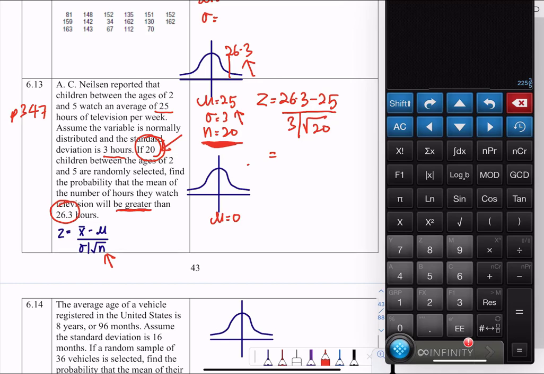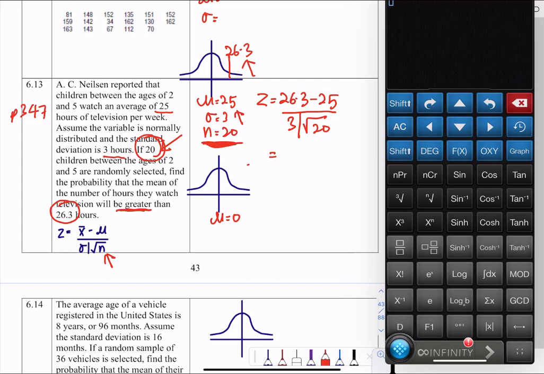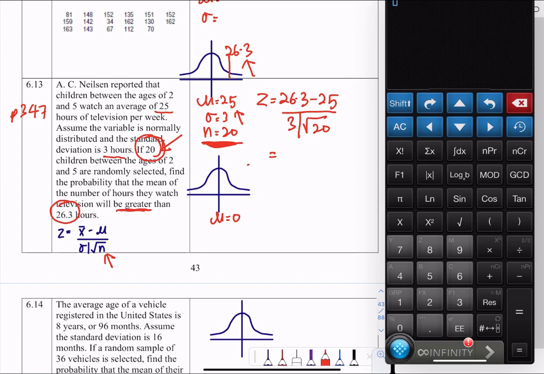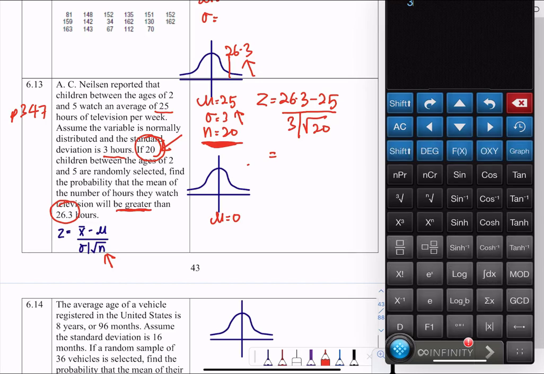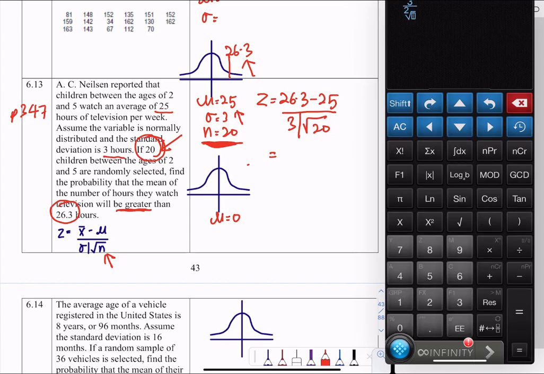How to do that? 26.3 minus 25, and then at the bottom 3 divided by the square root of 20, equals 1.9379.